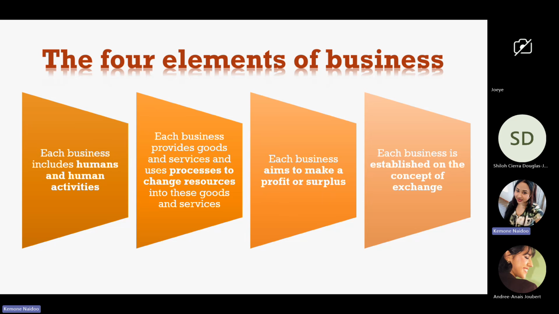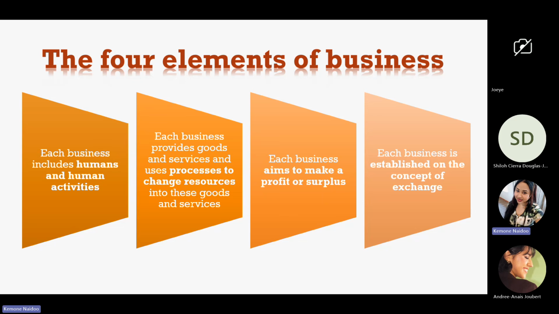So it's always good to have a basic understanding of what these 4 elements are. Please do not get them confused with planning, leading, organizing, and controlling. Those are not the 4 elements of business. That is more on the management side.